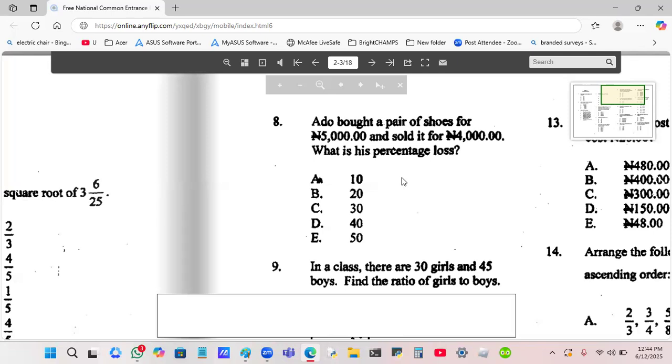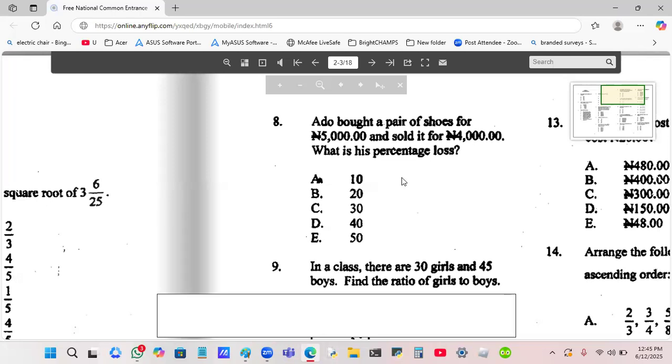Then now remove the zeros. That is 1,000 over 5,000.